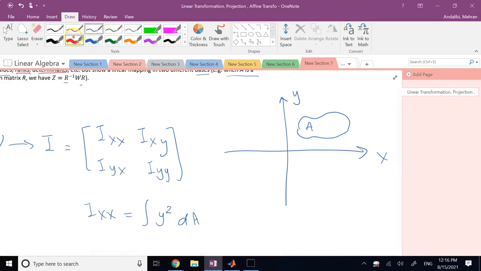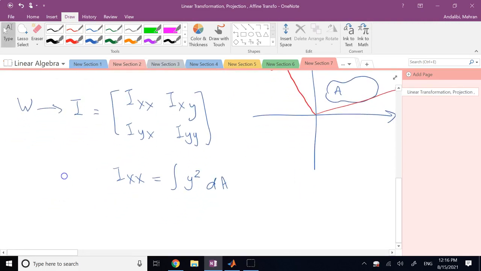Then if I rotate my frame and get this new frame, X prime and Y prime, and I say, what is the I matrix or tensor in the frame X prime and Y prime?